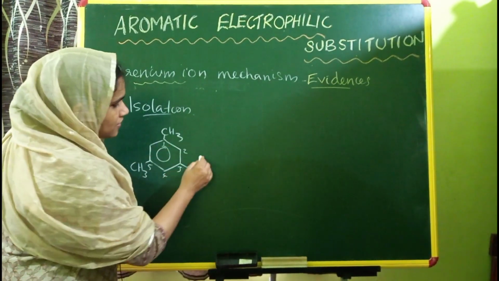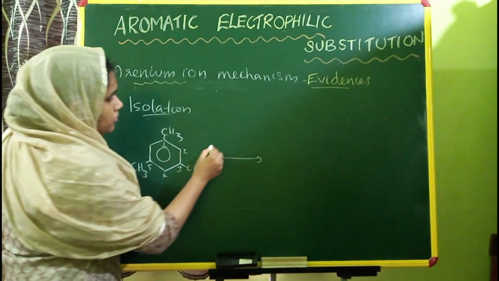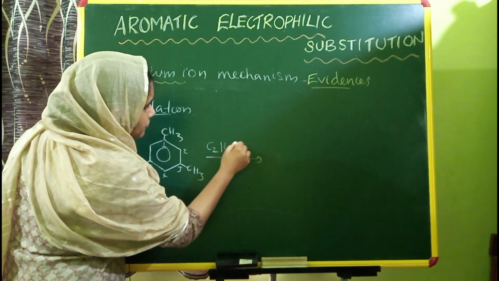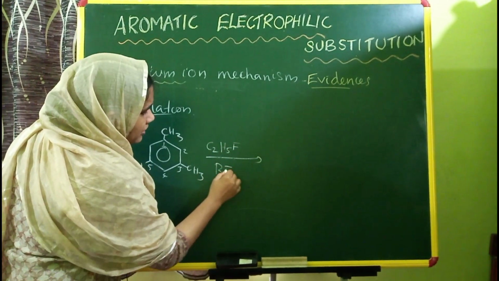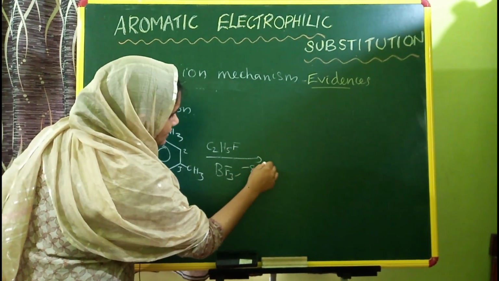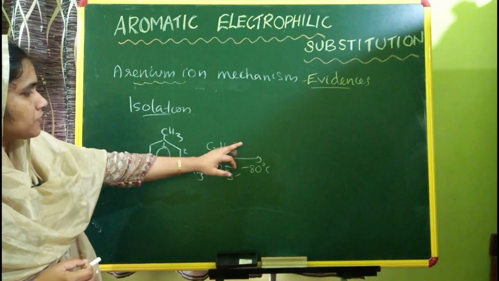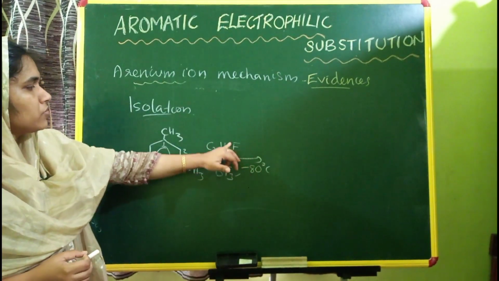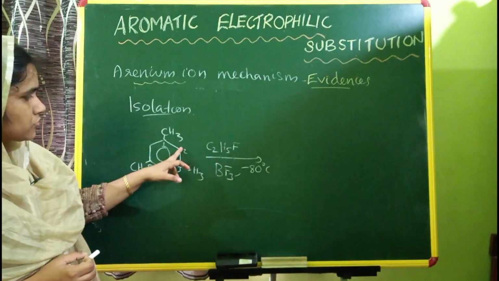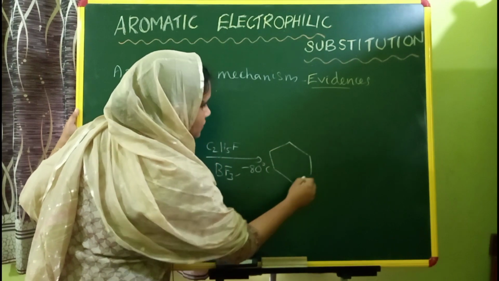When it is treated with fluoroethane, C2H5F, in the presence of BF3 at a very low temperature, -80 degrees Celsius, substitution happens. The fluoride ion is removed and this group is substituted over here.